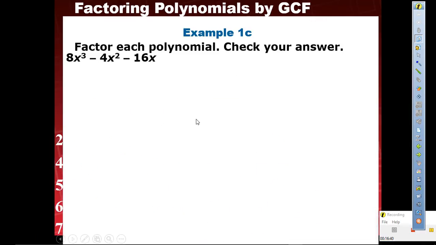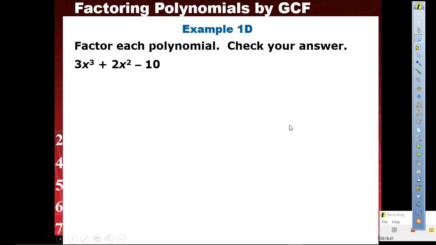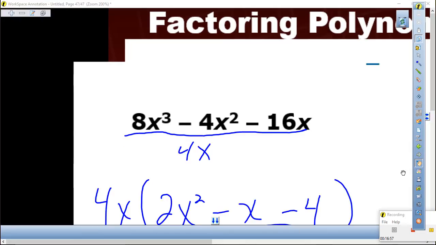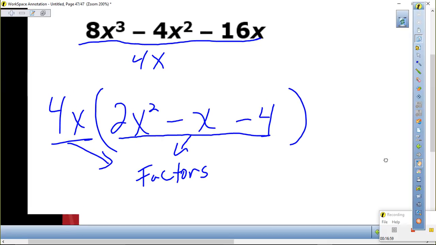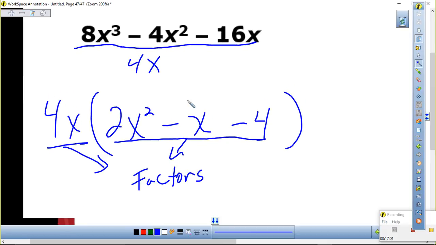Example 1D. Let's see how you do with this one. Okay, hold on. Negative 4 divided by 4 is 1.